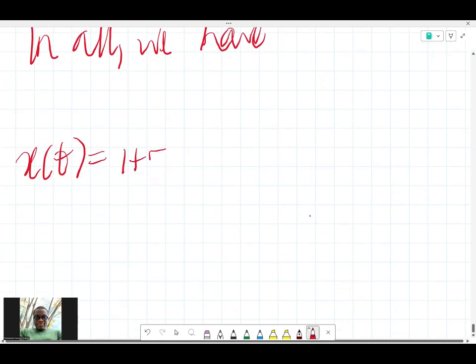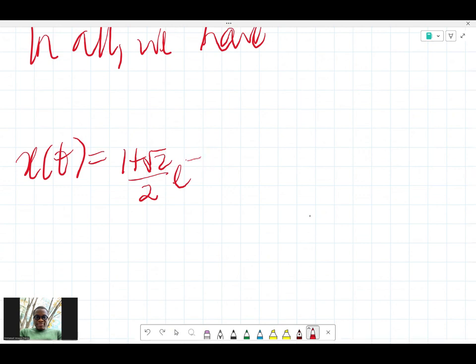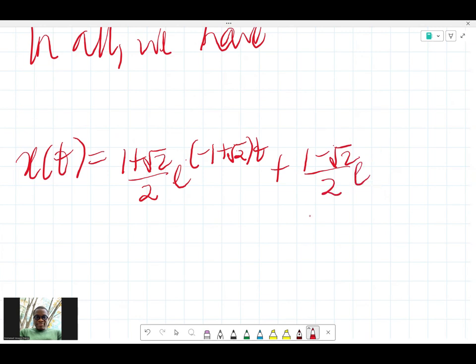x of t equals (1 plus root 2)/2 e raised to power minus (1 plus root 2)t, then (1 minus root 2)/2 e raised to power minus (1 minus root 2)t. Okay, we have that.